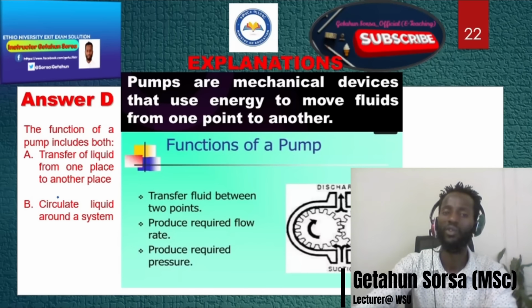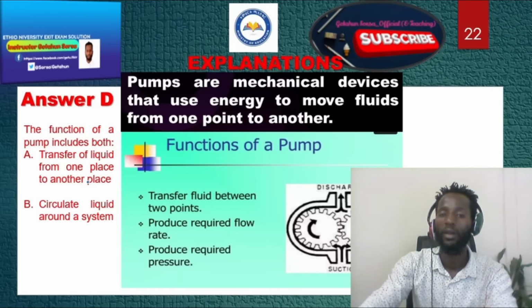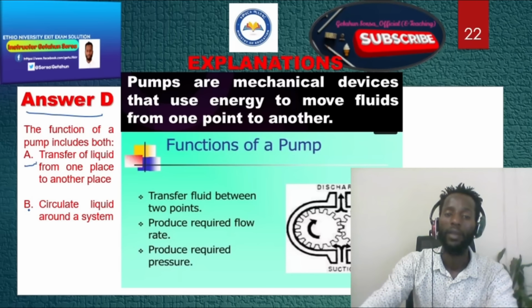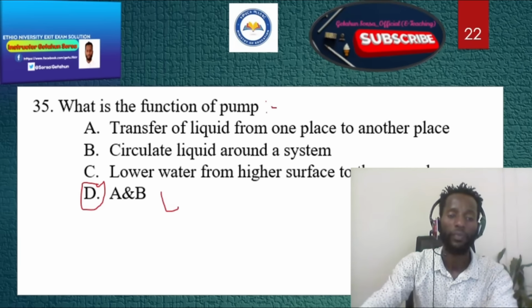So from these choices, the function of a pump includes both transferring liquid from one place to another and circulating liquid around the system. These two are the correct answers. So the correct answer for this question is choice D. Both A and B are the primary functions of a pump.